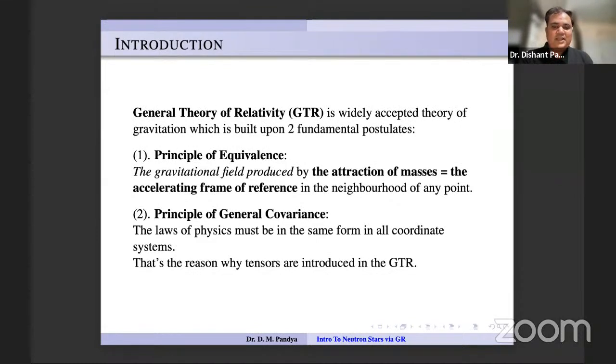But here we will have any kind of general frame of reference, and that is the reason that once you consider any rule which gives you the same footing in either of the coordinate systems, it is basically described by tensors. So that is the reason we need to understand tensor calculus as well.